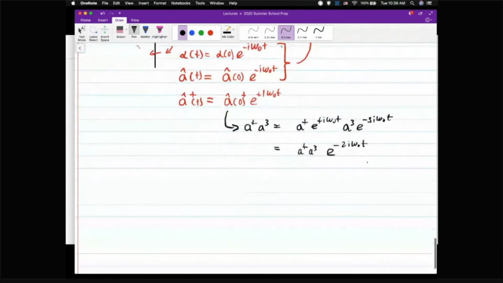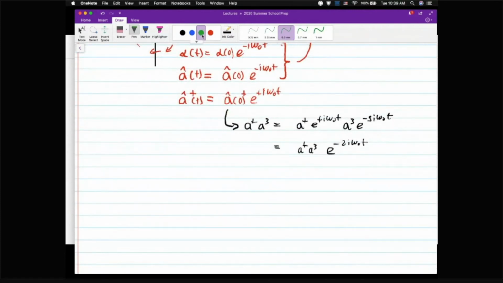So you notice that this term remains oscillatory at the frequency 2 omega naught.